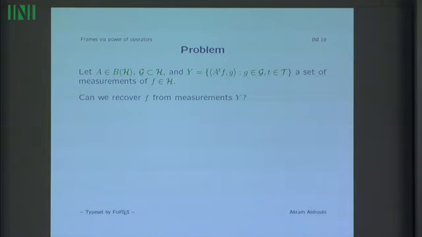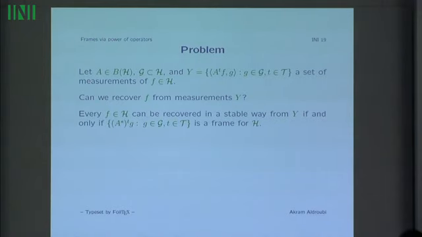Okay, so the question again is, can we recover F from these measurements right here? And the answer is, well, we can recover it. We want to recover it in some stable way. Stable way means I want to be able to take this set of measurements, which is in L2 of J cross tau, and recover F by the inverse operator, but we want this inverse operator to be bounded.